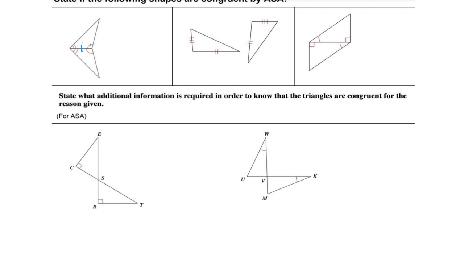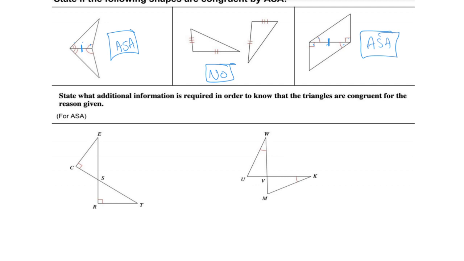So, yes, this is congruent by ASA. The next one, we have 2 sides, and that's it. So no. The next one, we have a shared side, and then we have an angle side angle. So yes, this is congruent by angle side angle.